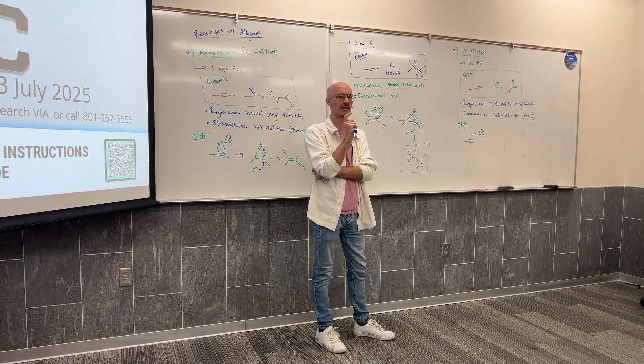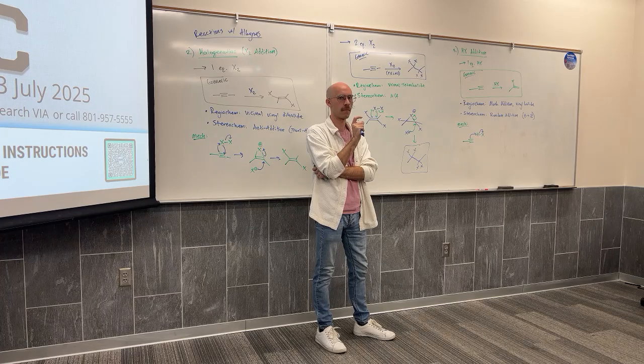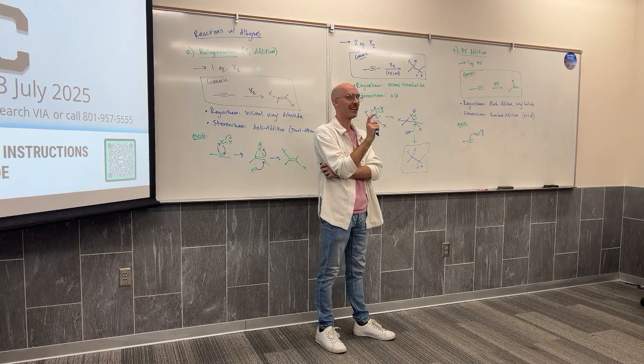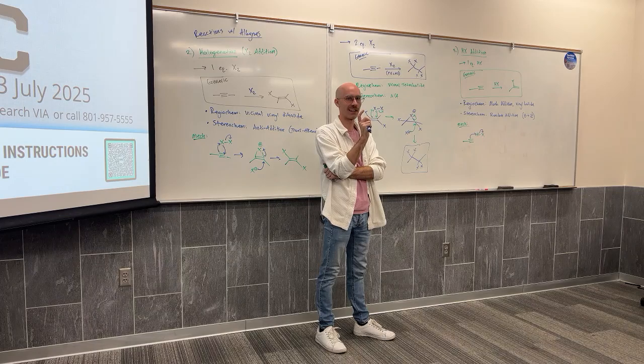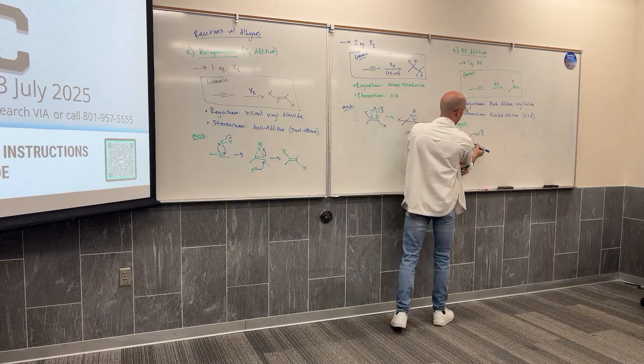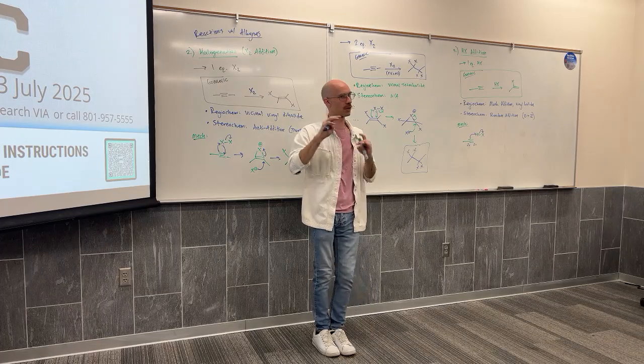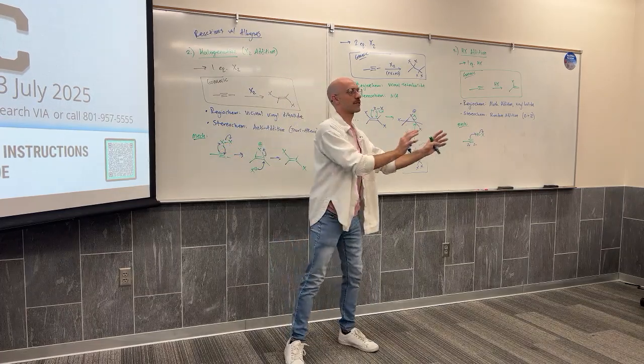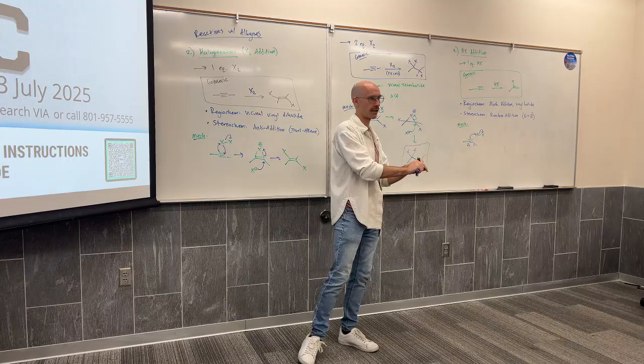Which carbon of this terminal alkyne is less substituted and more negative? This is more negative, this is more positive. Remember we said more substituted carbons always have more positive character. Less substituted carbons always have more negative character.